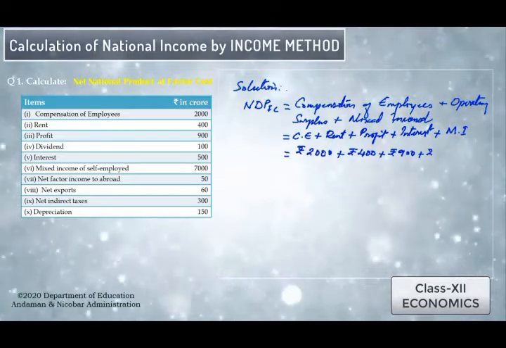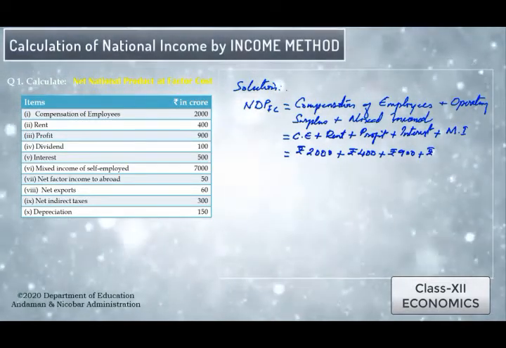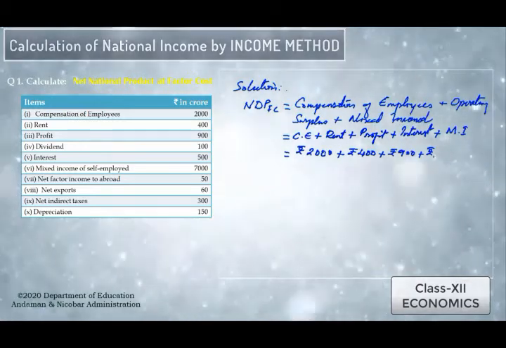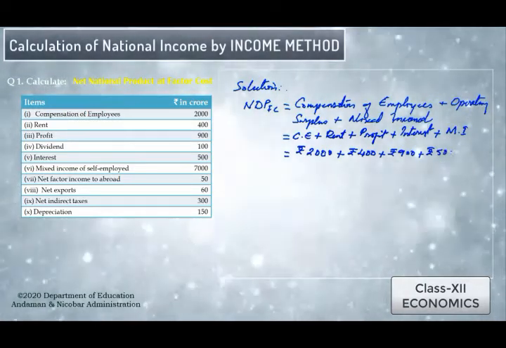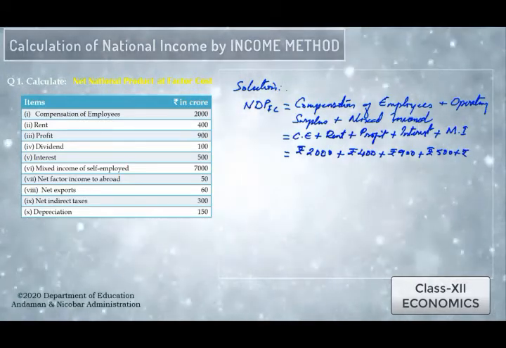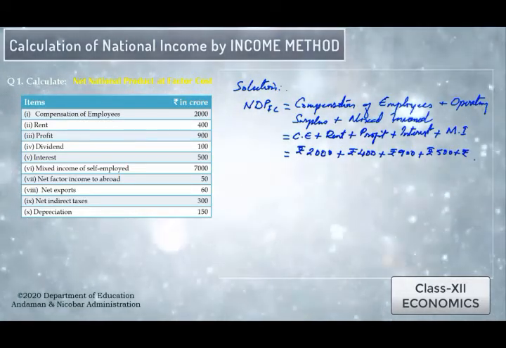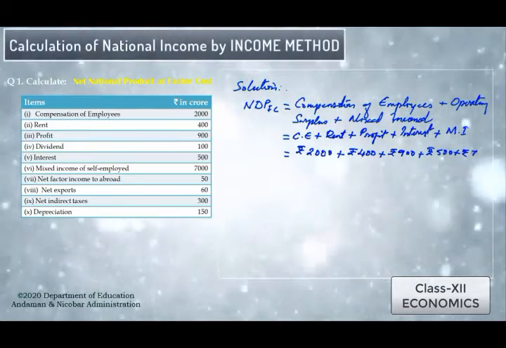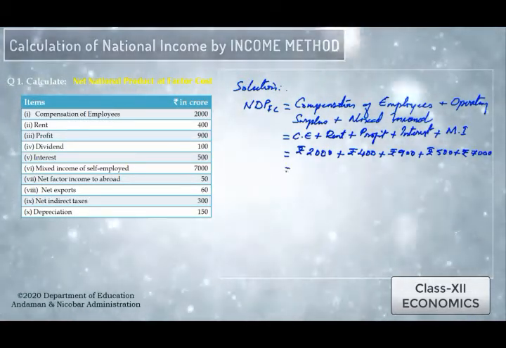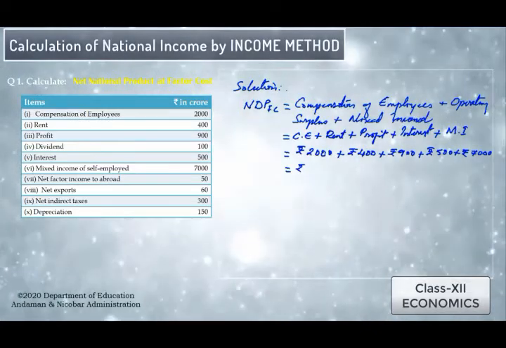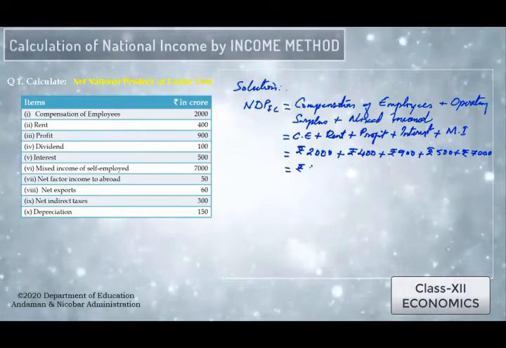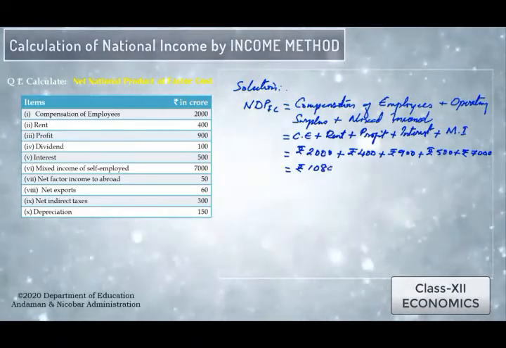Then the value of interest is to be added, given as 500. And at last we will add the value of mixed income, given as 7,000. When we add all these values together, we get the value of NDP at factor cost as 10,800.